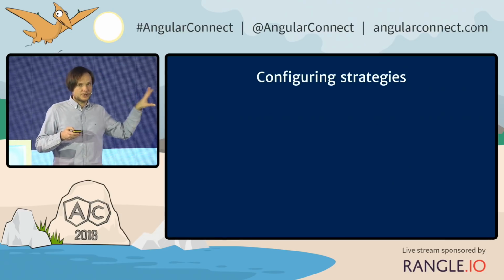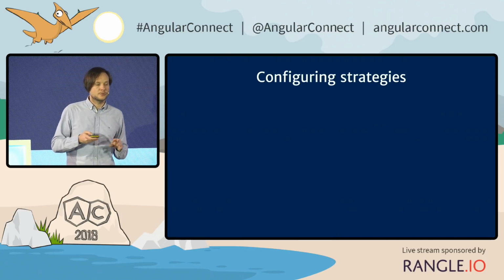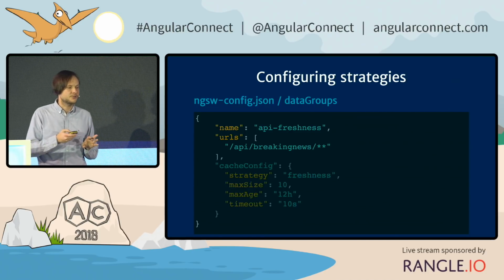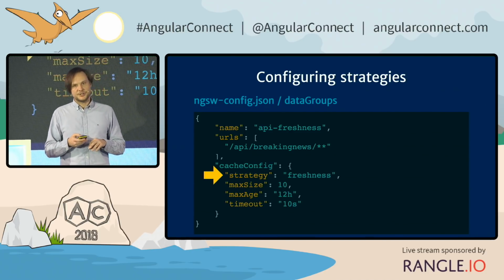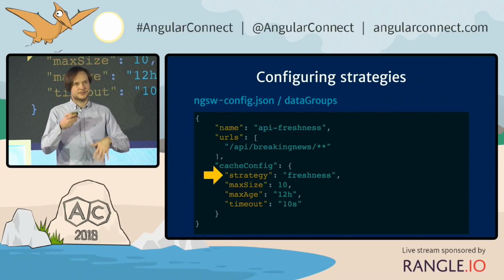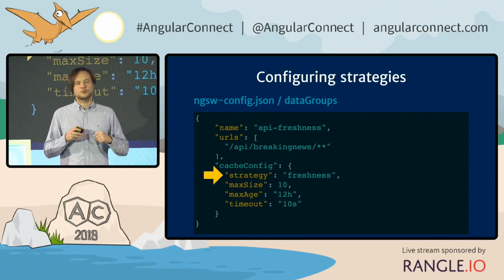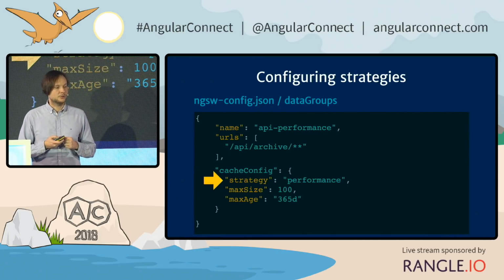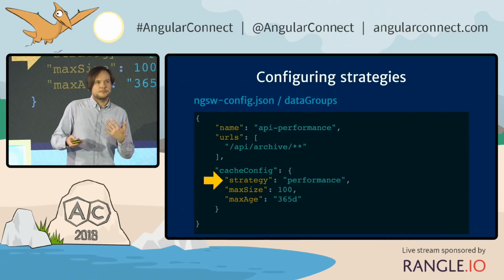In Angular Service Worker, it's all about two main strategies and how we configure them. One is called freshness, and in other terms, this is network first. When we try network first, if the resource is available, we serve it. If not, we fall back to the cache. The second one is called performance, and it works vice versa.